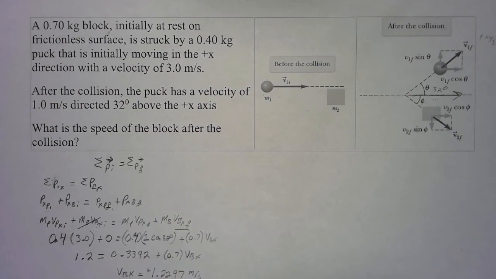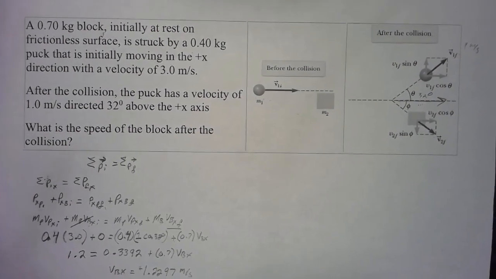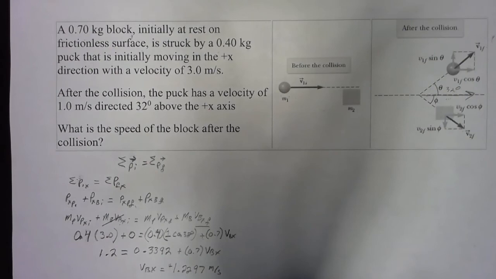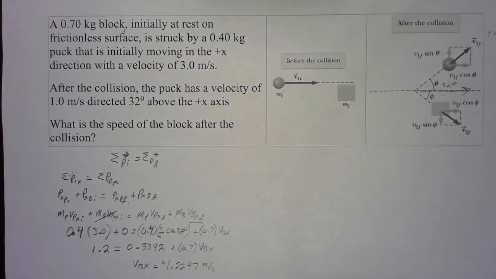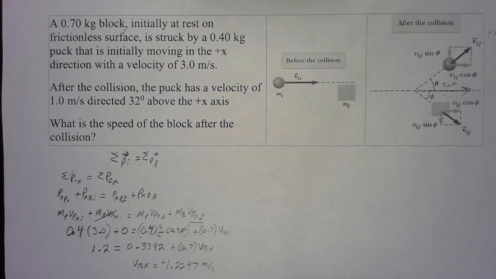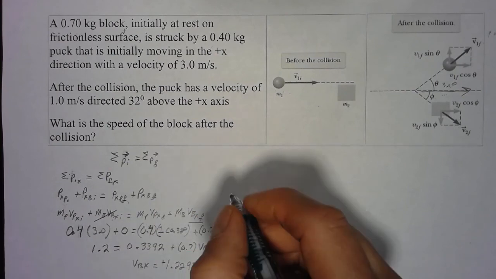Now I have to do that same thing for the Y direction. So I'm going to just adjust the camera here so I've got a little more space for the work. Same process for the Y's.